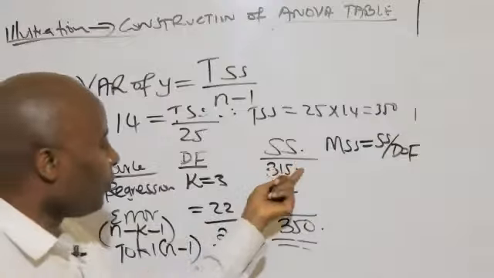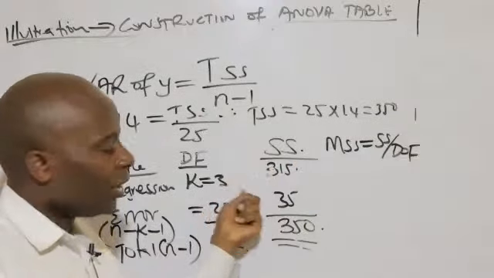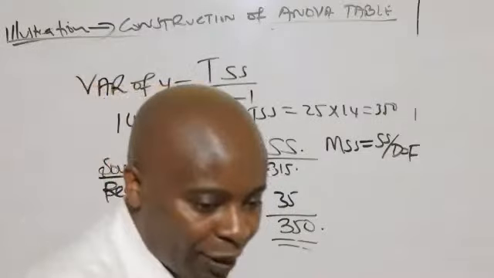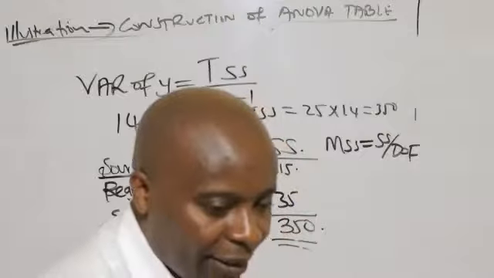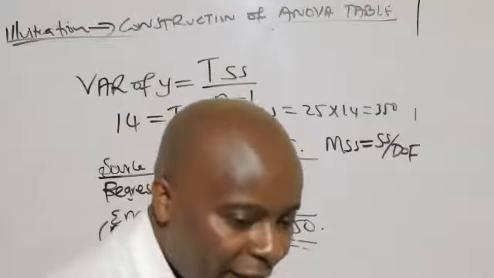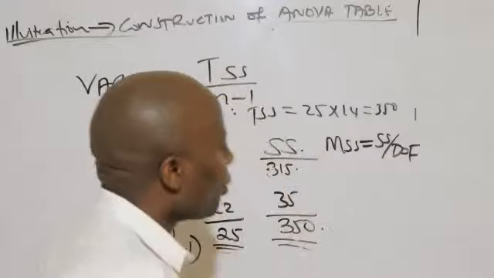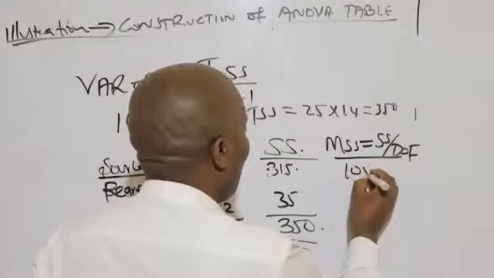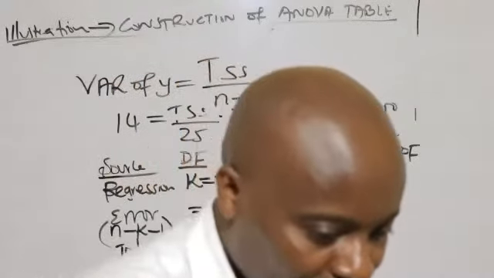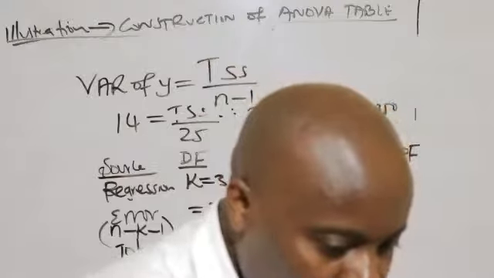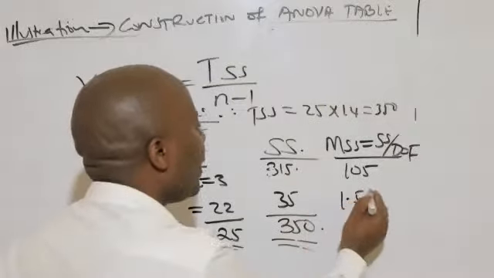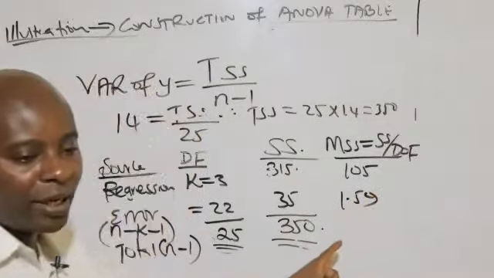So you take 315 divided by the corresponding 3, which gives us 105. What about 35 divided by 22? 1.59 or 1.6. Ladies and gentlemen, it doesn't end here.